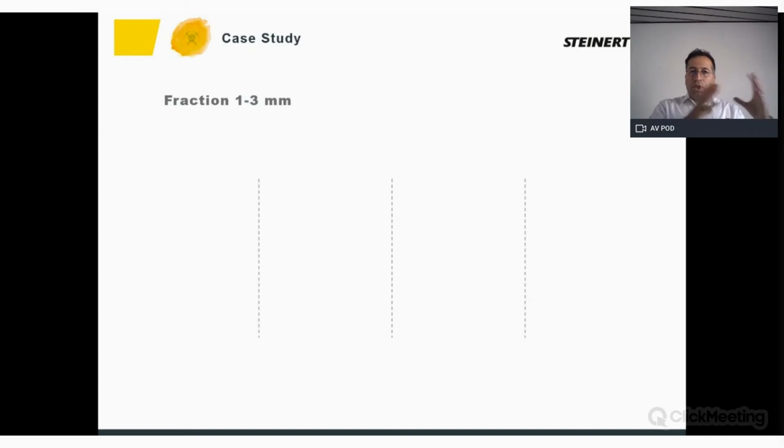Okay, we took this methodology, we classified the ore, and then we used this 2-stage magnetic separation with high intensity. The first fraction was 1 to 3 millimeter. What we reached in purity is 24.63%.